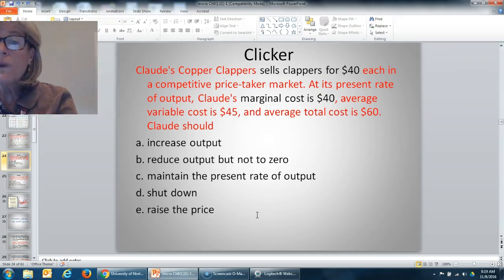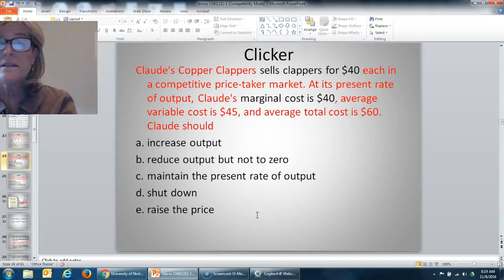Now, price is 40, average variable cost is 45. Average total cost is 60. So the price per unit is less than the variable cost per unit. They're not even covering their variable costs. They should shut down. Make sense, you guys?